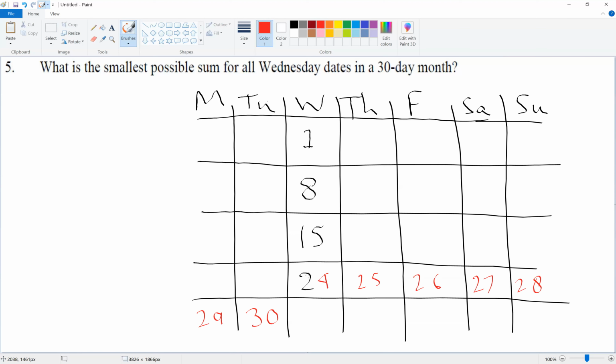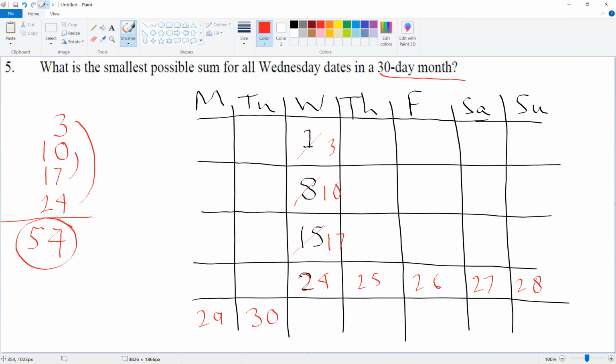So this would be 24, this would be 17, this would be 10, and this would be 3. And in that case, this would be the smallest. I didn't read this part. Okay. So Surya, you said this one, right? Yeah. 27, 27, which is 54. I didn't see the 30-day month, but I was thinking of February.